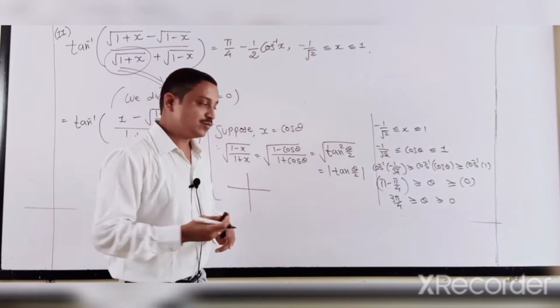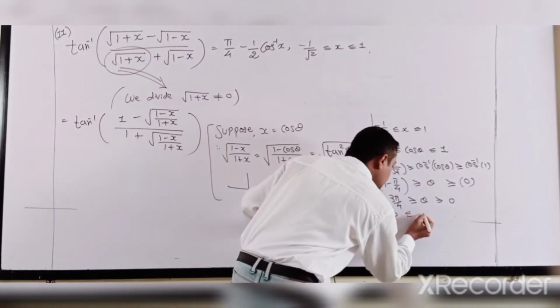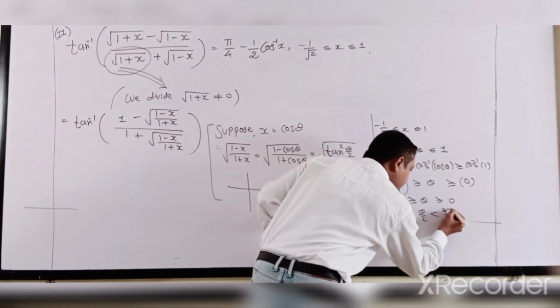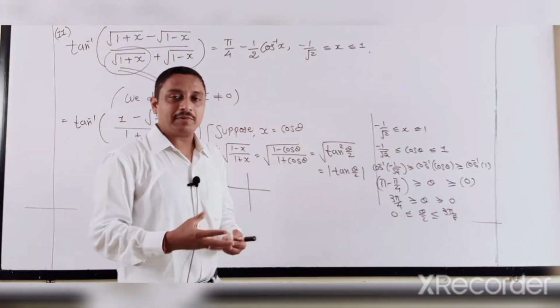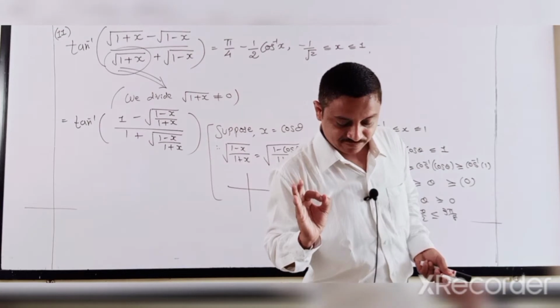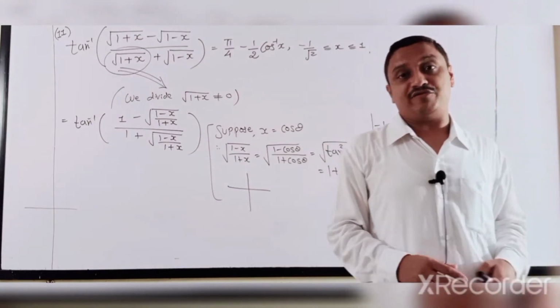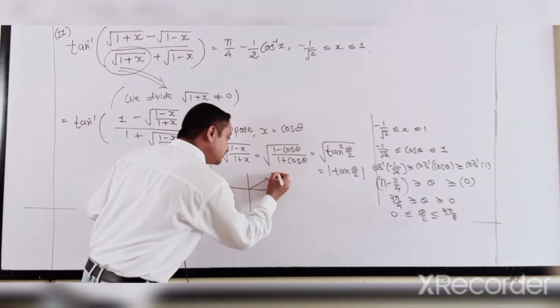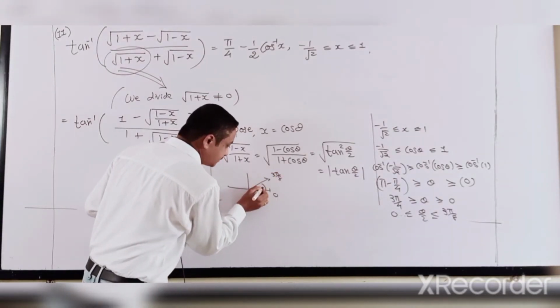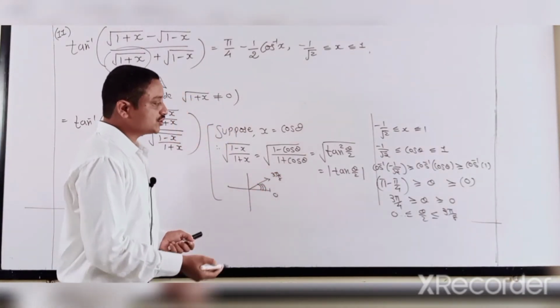So divide it by 2. So 0 is less than theta by 2, less than 3π/8. You know, students, 3π/8 means how much? π/8 means 22.5, into 3 is 67.5. So the condition from here is 0 to 3π/8. This range, and I have covered the first quadrant.